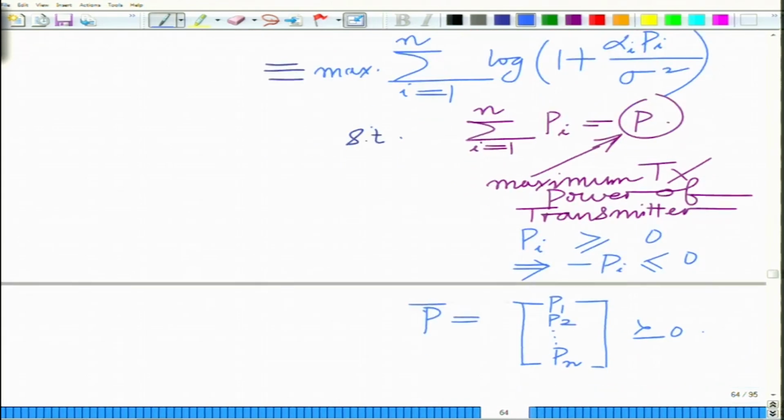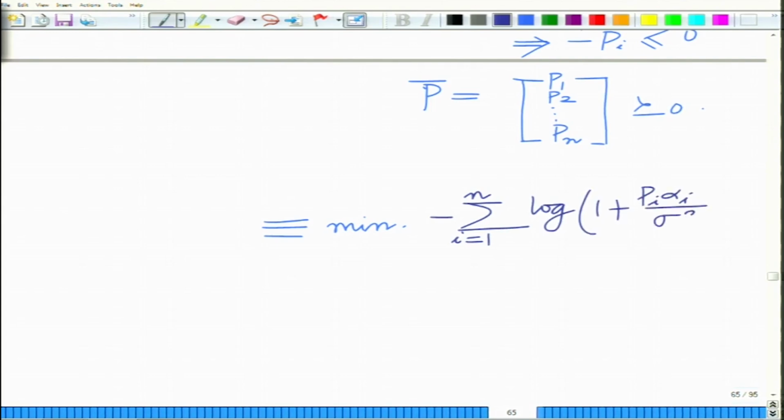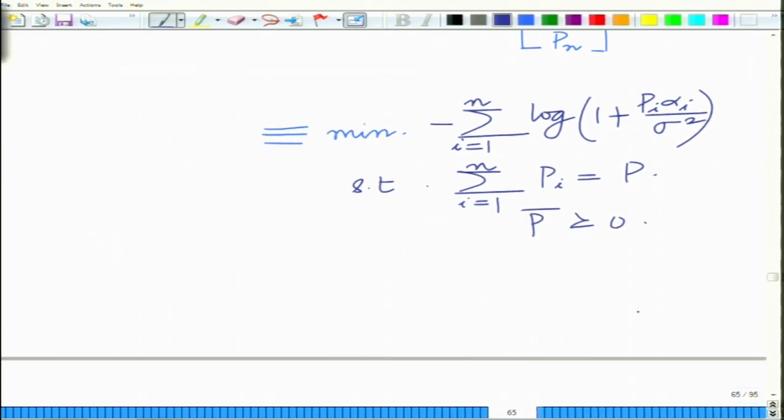Equivalently, I can write this as minimize the negative of the sum i equals 1 to n of log of 1 plus Pi alpha i by sigma square, subject to the equality constraint, the sum of Pi equals P, and the inequality constraint, that is, P bar is component-wise greater than or equal to 0, each element Pi is greater than or equal to 0.